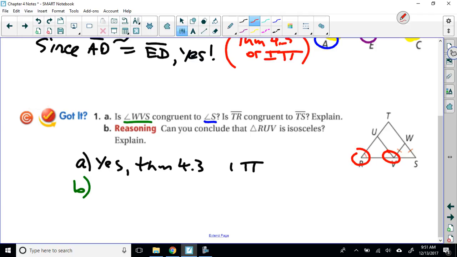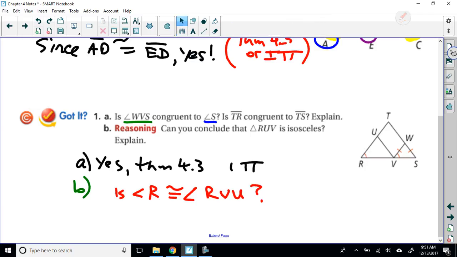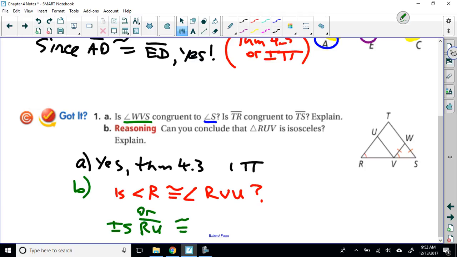And do we know that? Is angle R congruent to angle RVU? Can we tell that those angles are congruent? Or do we know if RU is congruent to VU?